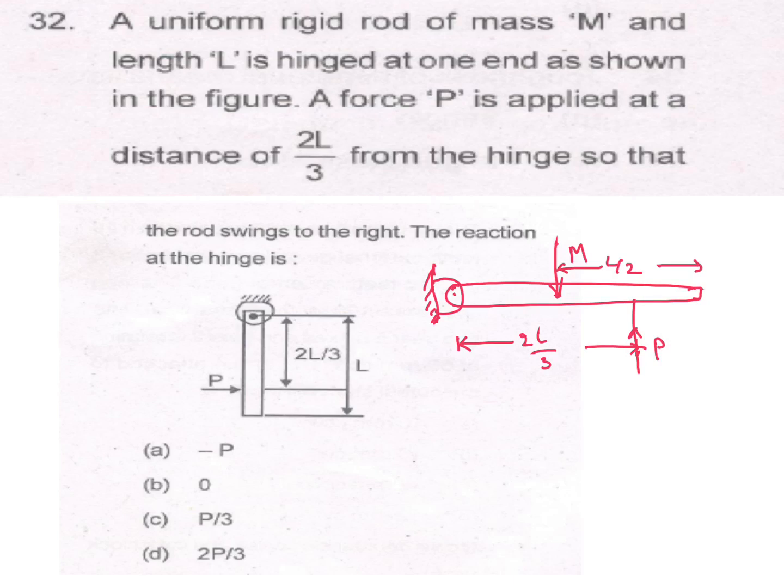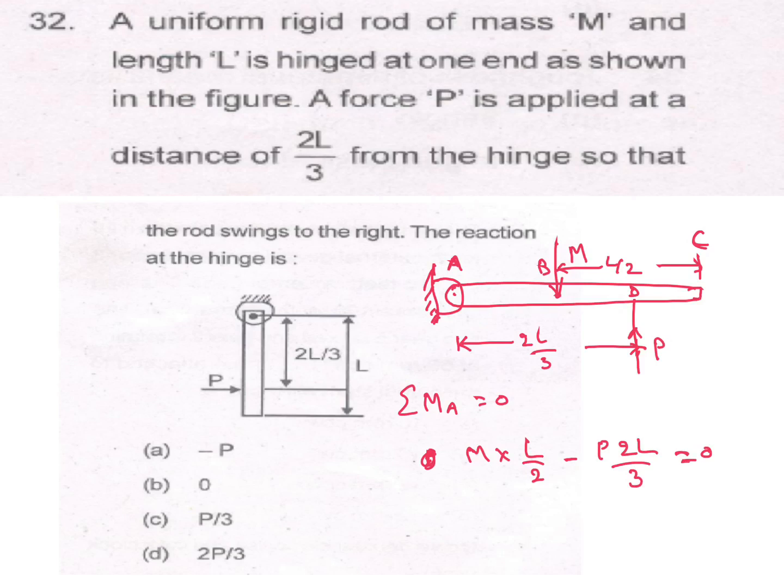So we can name the points: A here, B at the middle, C at the end point, D at the P point. Take moment about point A, it's equal to 0. M into L by 2, M is the mass, minus P into 2L by 3, equals 0.